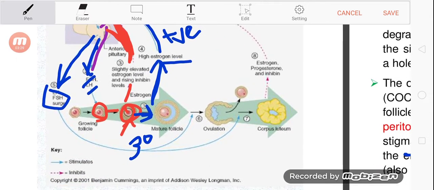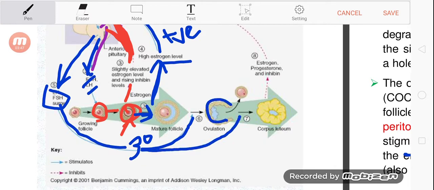This LH FSH surge will cause ovulation, the mature follicle to ovulate, and then the LH surge will transform these follicles into corpus luteum.